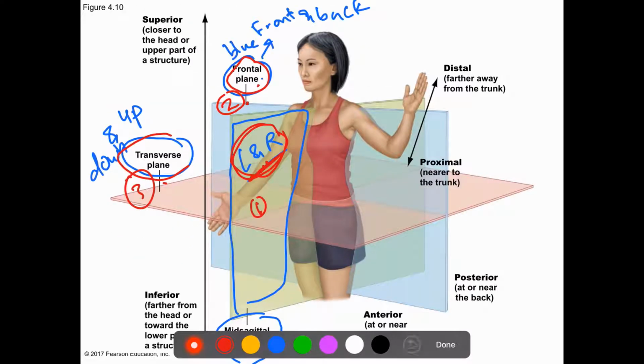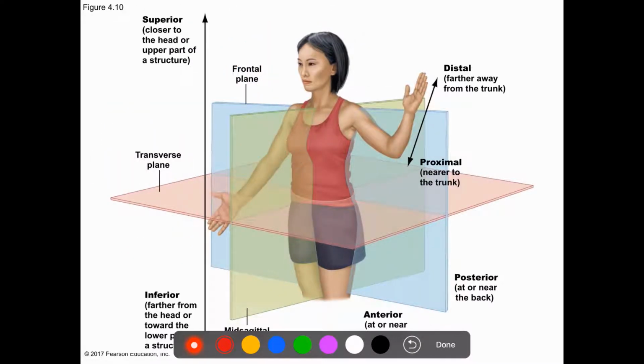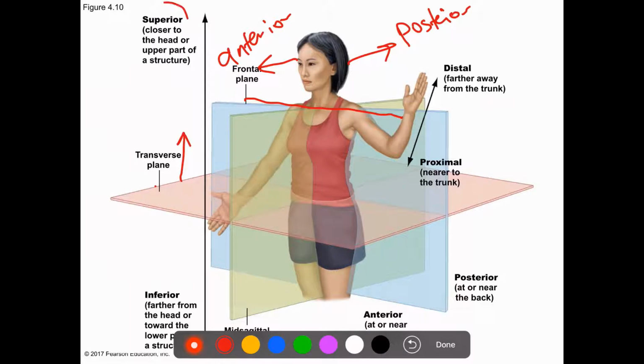So for example, I will clear everything here. With the frontal plane, when it's cutting it like this, so this side is the anterior, and this side is the posterior. Then we have, with the transverse plane, this side is the superior, and this side is the inferior.